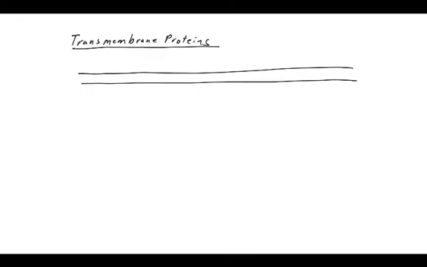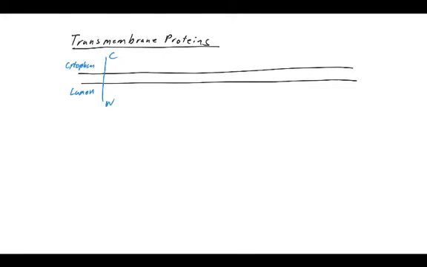So just to give you a sense of how diverse transmembrane proteins can be. Here's the membrane. We can have a transmembrane protein where the amino terminus is inside the lumen and the carboxy terminus is outside. So this is the lumen and this is the cytoplasm. Conversely, here's the transmembrane sequence.